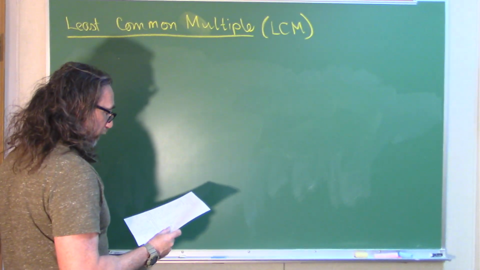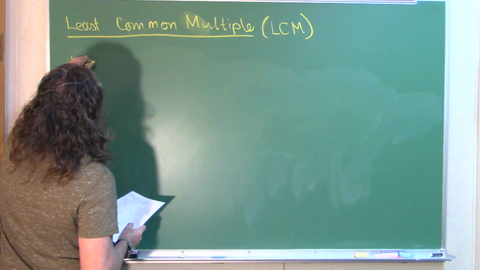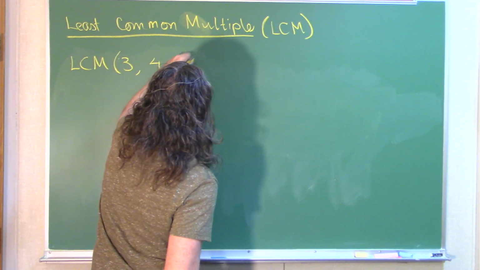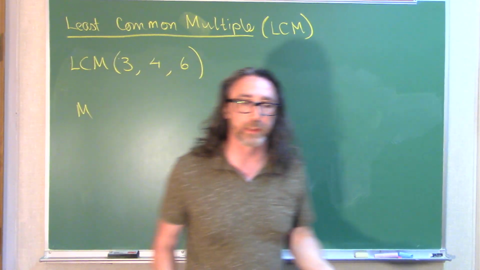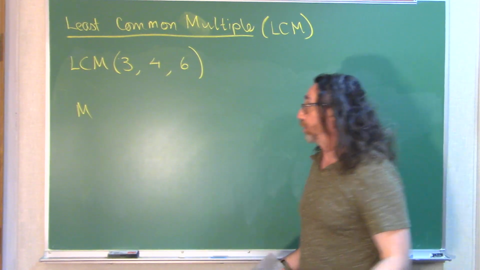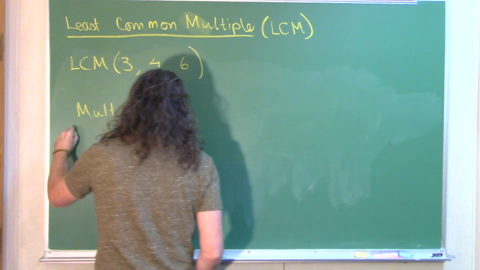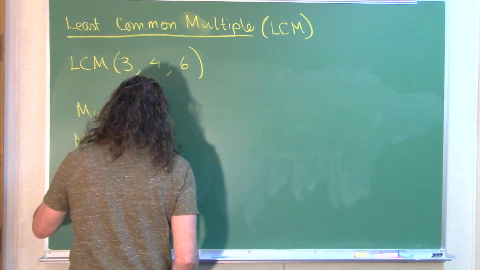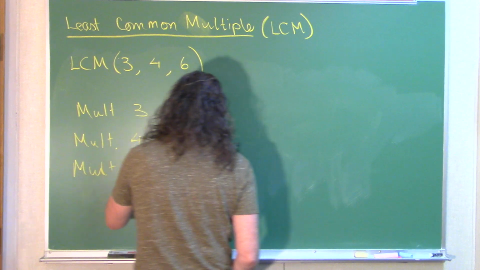The least common multiple of 3, 4, and 6. Well, we're going to proceed in the exact same way. We'll look at multiples of all these numbers. Multiples of 3. Multiples of 4. And multiples of 6.